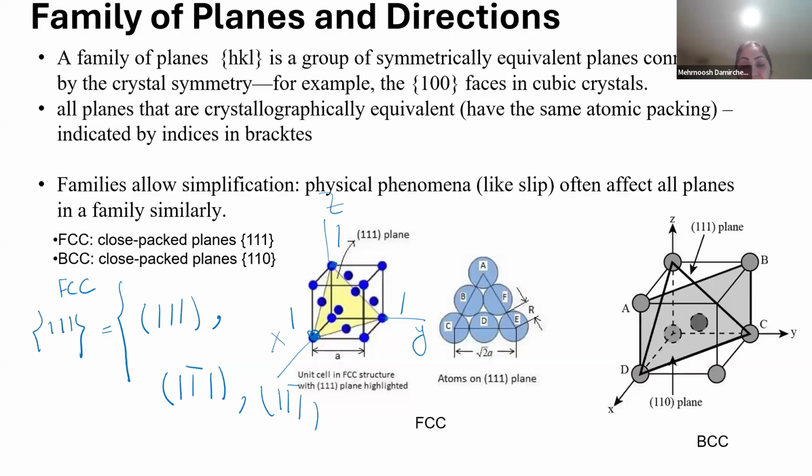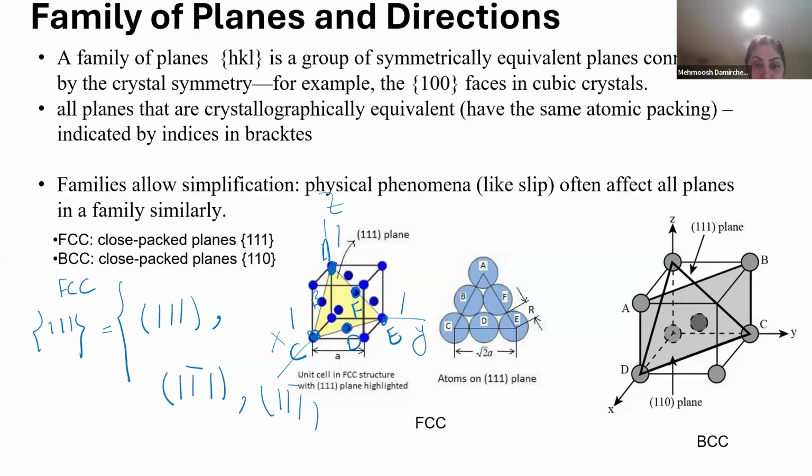Or take the reciprocal, normalize, and you reach 1, 1, 1. If we focus only on this plane, it should be in this form. C is this point, B is this atom, A is this point, F is this atom, E is this, and D is this. Rotate that and you see in the planar view it is the same as this triangle that you see here.